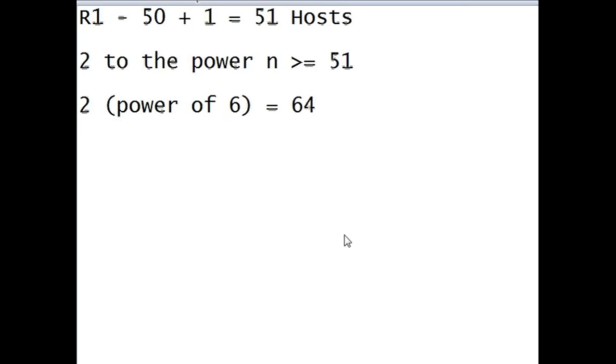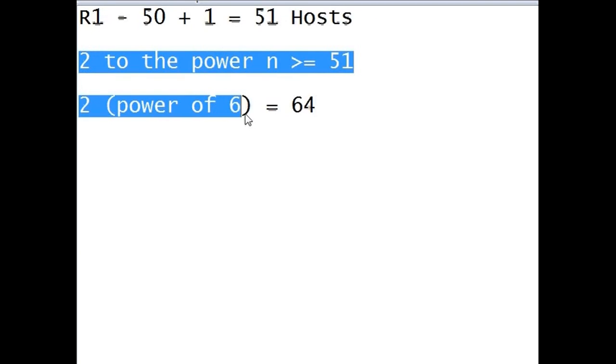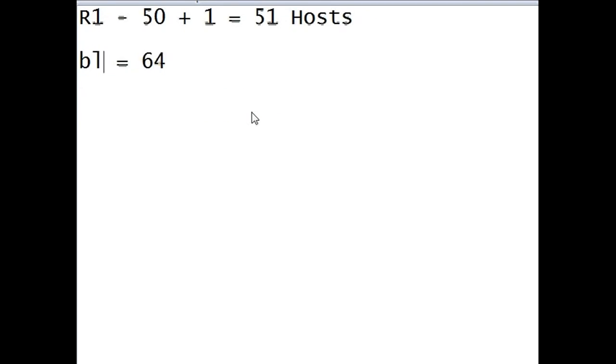So if 2 to the power n is greater than or equal to 51, it has to be 64. It cannot be less. If it is 32, then we cannot take it. So here I have to calculate the block size, and the block size is actually 64.